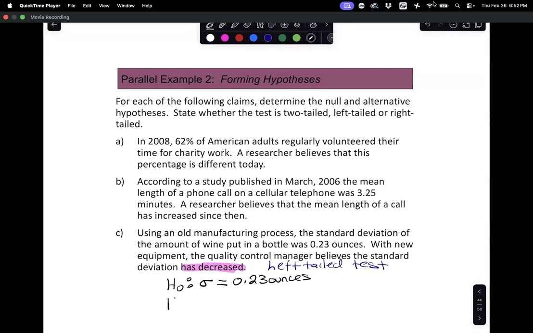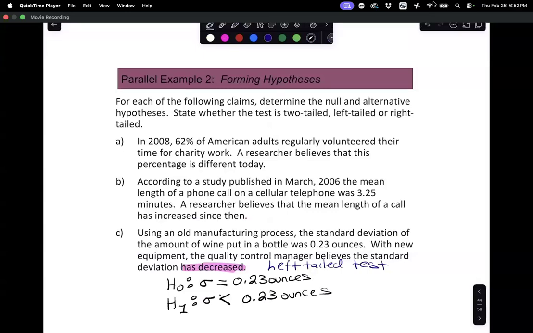Now, alternative hypothesis. Everything stays the same except that symbol in the middle. Left-tailed test, so less than. We believe that the new standard deviation is less than.